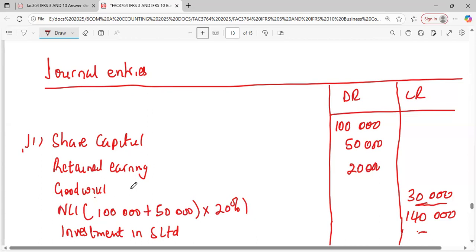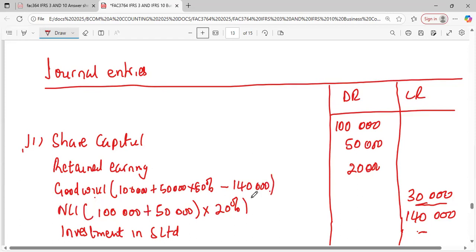Then when you calculate your goodwill without the analysis, you can just come here and say 100,000 plus 50,000 times 80%, minus the consideration, then it must give us the goodwill.